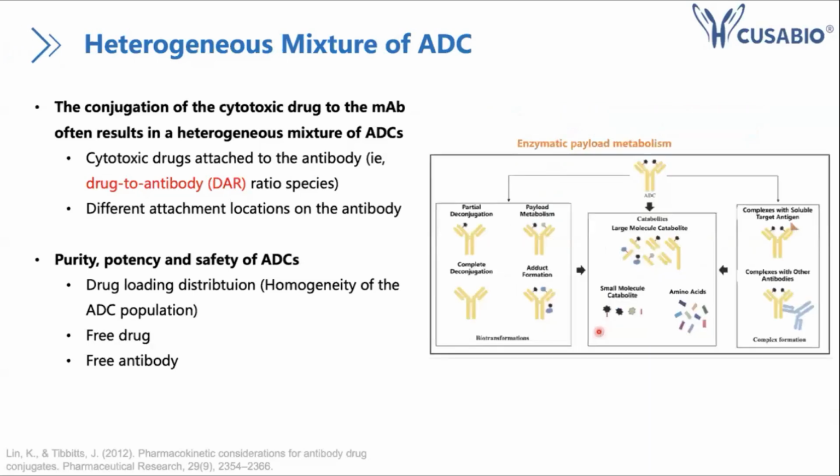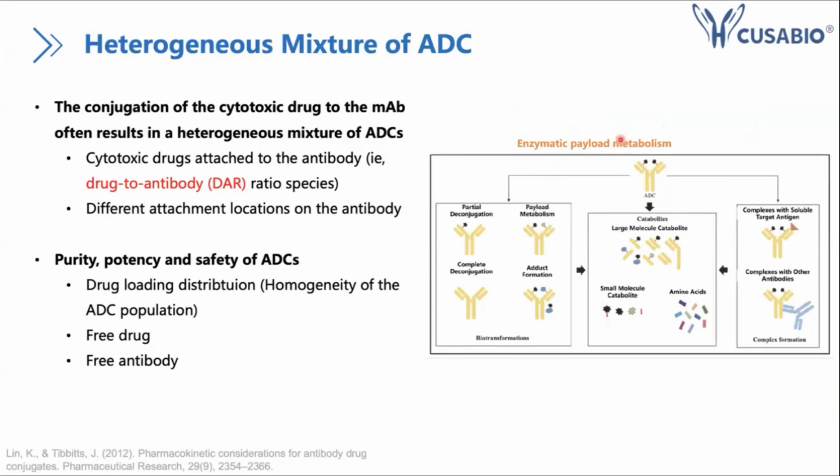Another thing about the ADC is that even if the DAR value is fixed at the very beginning after conjugation, when the ADC drugs enter the blood circulation, after enzymatic payload metabolism, you will find that the DAR is always changing.